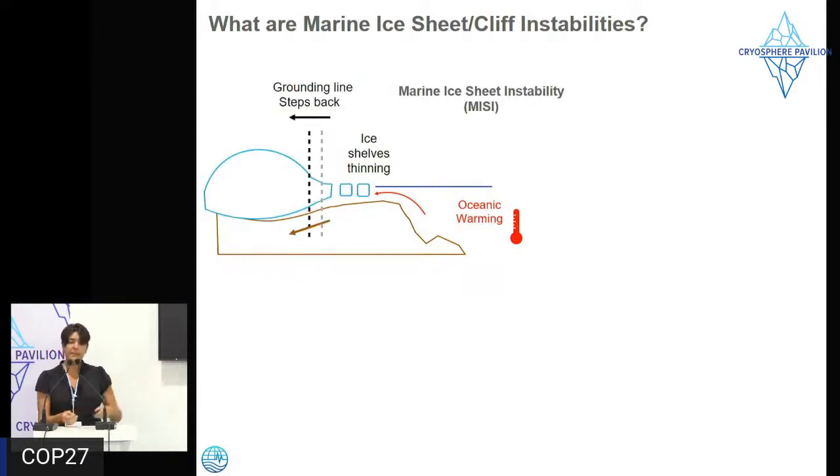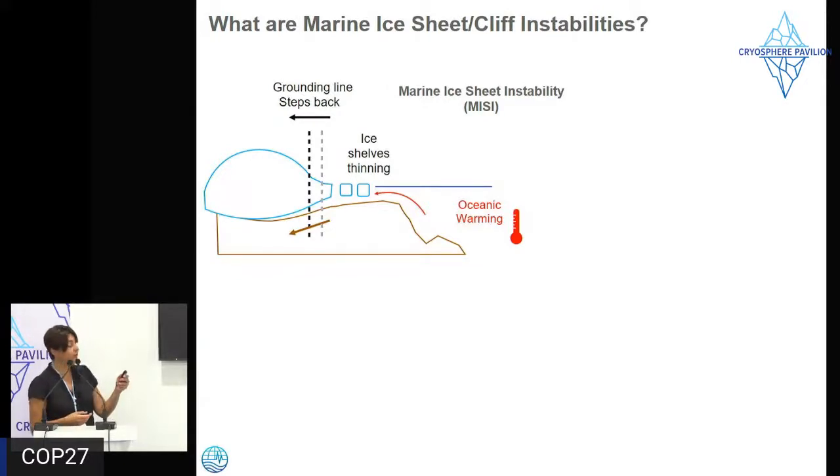Because they thin, at some point the ice flow coming from inland is not able to maintain the platform as a whole, so it disintegrates, and the ice sheet's response is to step back. But it means that most of the ice that was stable at a point is just lost to the ocean, and it has to retreat back just to get a new stable position. So that's called marine ice sheet instability, and this is, as the name says, an instability. As such, it is hardly predictable.